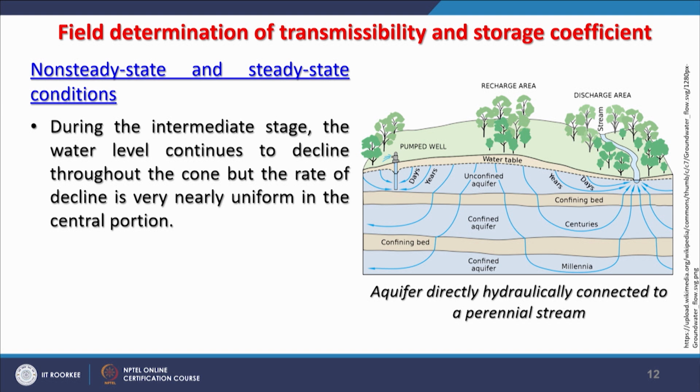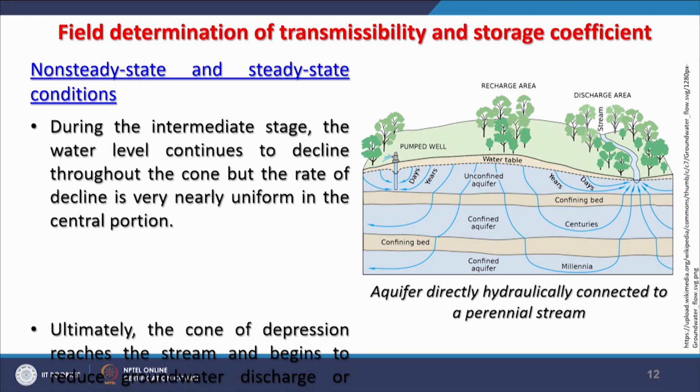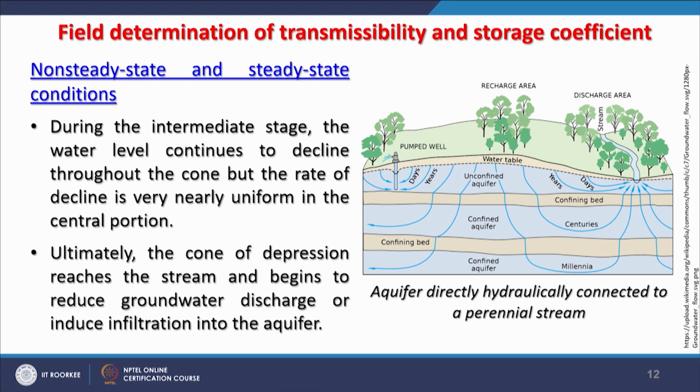So, what this basically means is that the steady state conditions start developing first near the well and later on at distances also. Ultimately, this cone of depression reaches the stream.